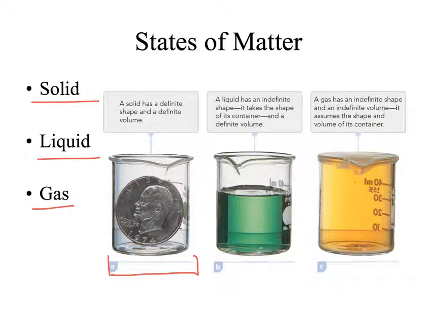But a liquid does have a definite volume, so the volume is fixed, the shape is not fixed. A gas will have an indefinite shape and an indefinite volume. What that means is the gas will fill the shape and volume of whatever container you place it into. So solids, liquids, and gases, we can describe in terms of their shape and volume overall.